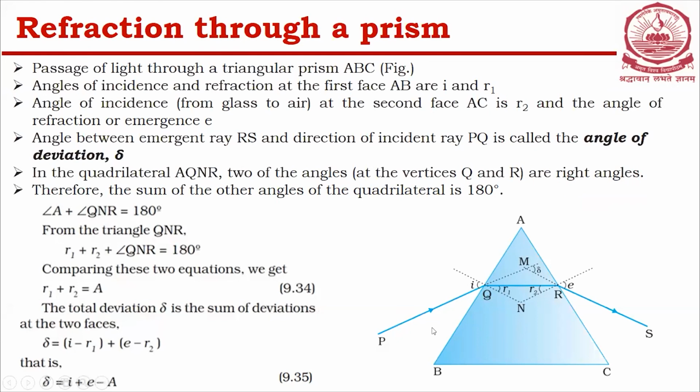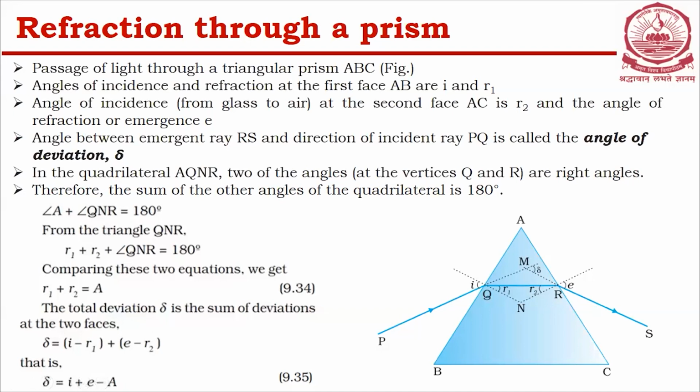So it is going from rarer to denser, so definitely it will bend towards the normal. This is the normal, and after it bends, it travels parallel to the base of the prism. Then it comes to the other end, going from denser to rarer. This is the normal, and it is bending away from the normal. So again it obeys Snell's law of refraction.